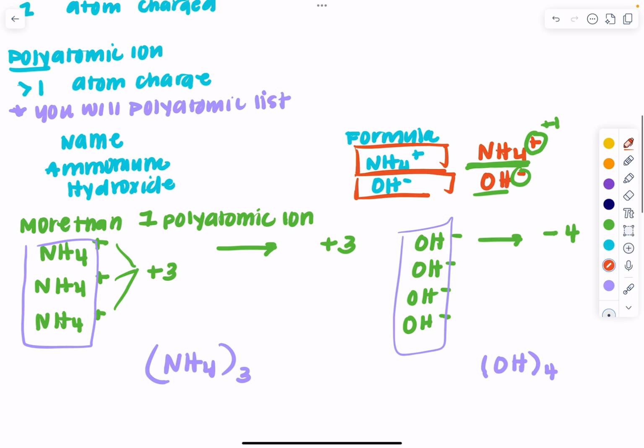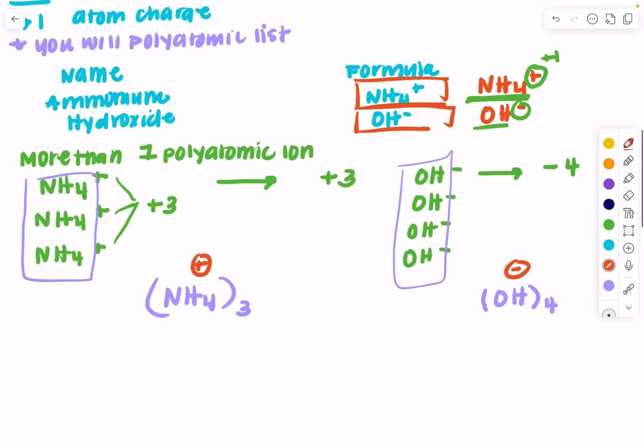I know I didn't write a charge here, but we should know that this is positive, this is negative. Again, we're only doing this so that we can balance it out with other ions. Okay, so let's look at some examples.